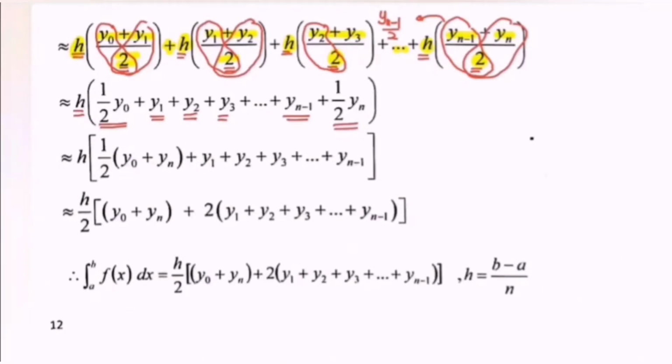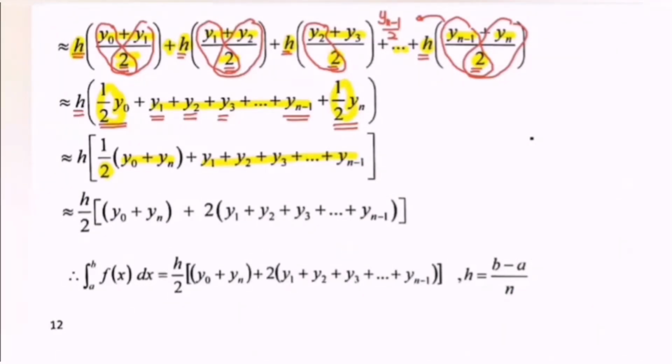So rearrange the situation for this part. That's why we have y0 plus yn over 2. So the remaining one will be stated in here, y1, y2, until yn minus 1. So rearrange the situation, and we decide to factor out the 1 over 2.